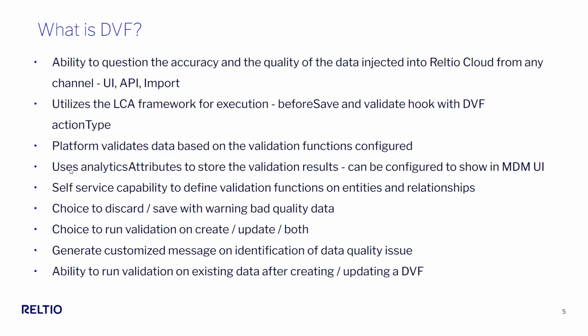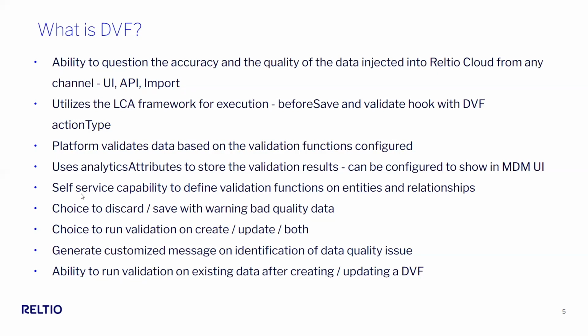This storage of warning messages or errors is done using the analytics attribute. In a bit I'll show you how the L3 configuration looks once we have configured the data validation function, where the hooks are added, and how these analytical attributes are added.